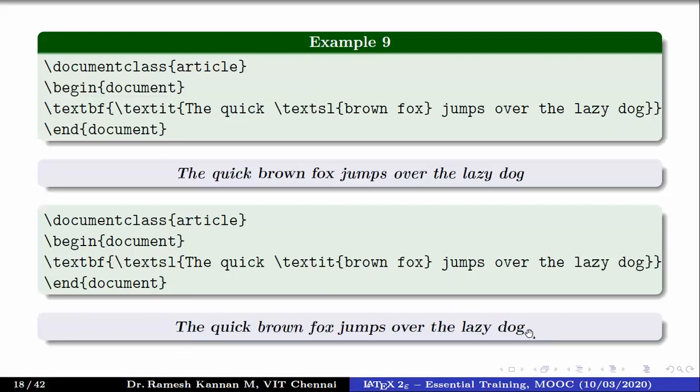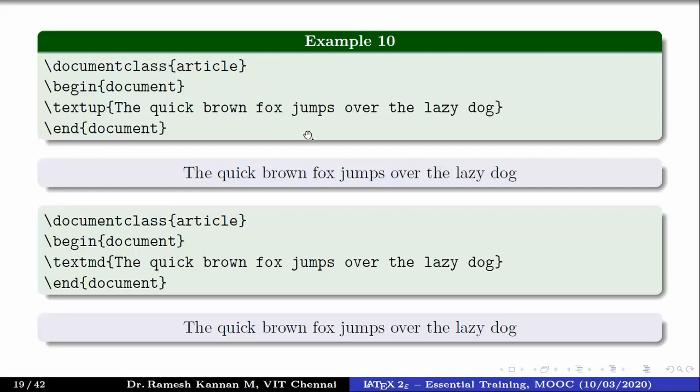So it's bold font, and pretty much all of it is slanted, and jumps over the lazy dog is also slanted. But if you see the brown fox here, this is the slanted and this is the italics. So this is what I told you, there will be a variation in the output if you change the nomenclature.